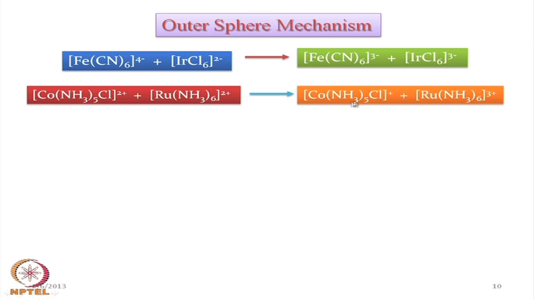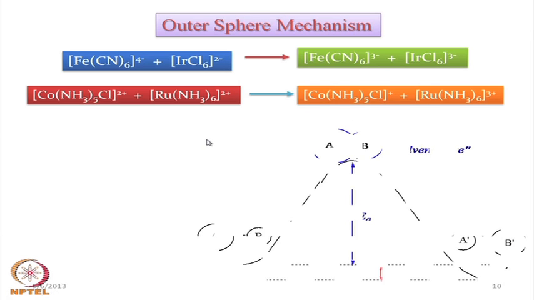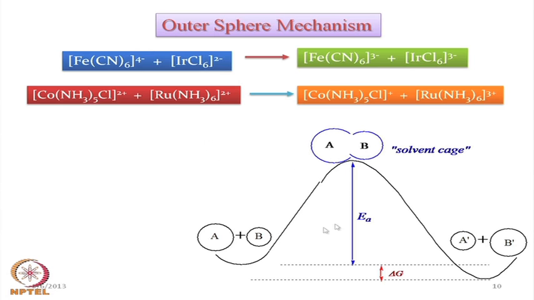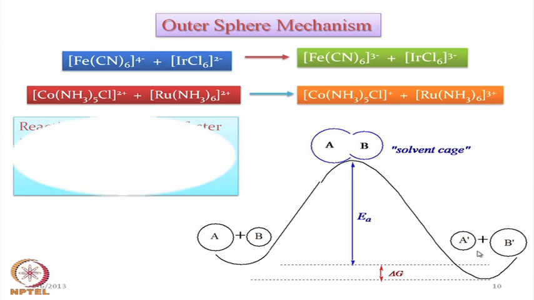In all these cases the coordination environment is not changing, it remains intact, and we can have a corresponding solvent cage for these two. These two are trapped inside the solvent cage, and within that solvent cage the electron transfer takes place, and from this we can get the delta G0 value depending upon the energy states of the reactants and the products.